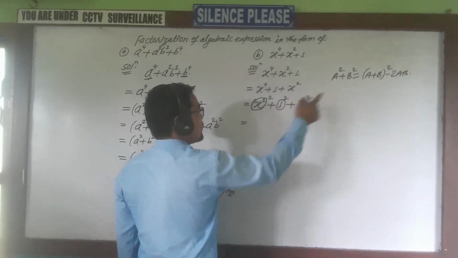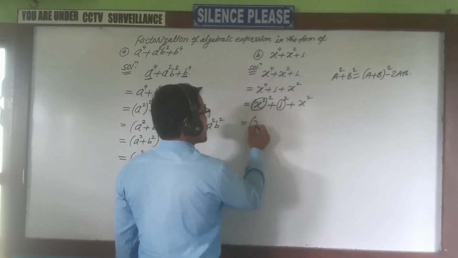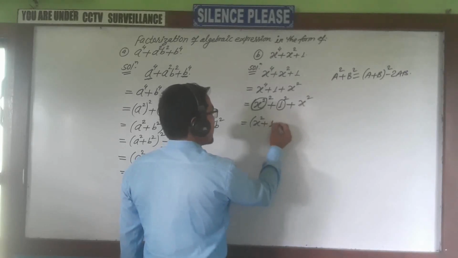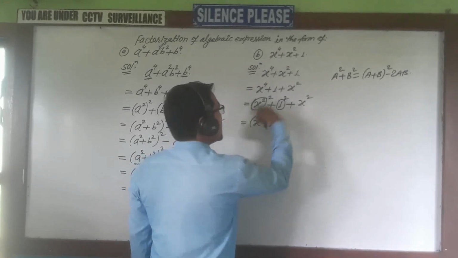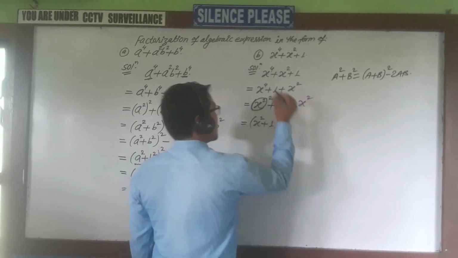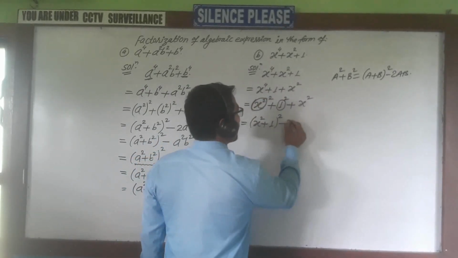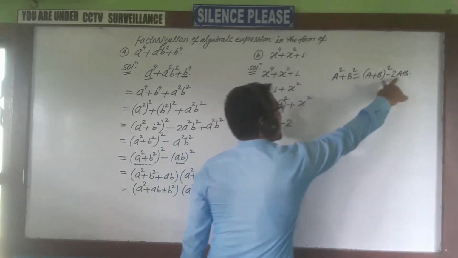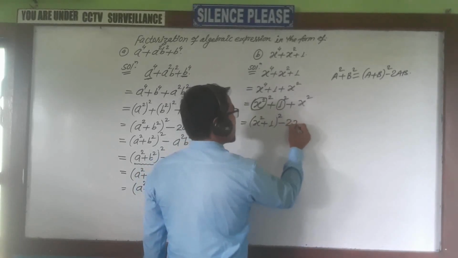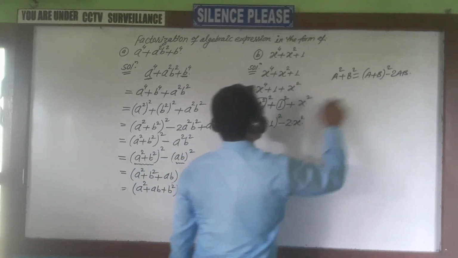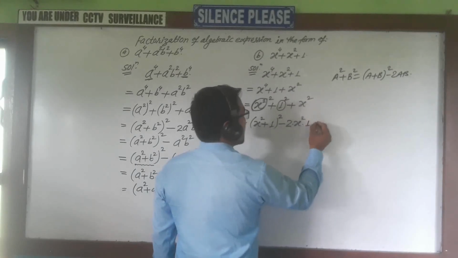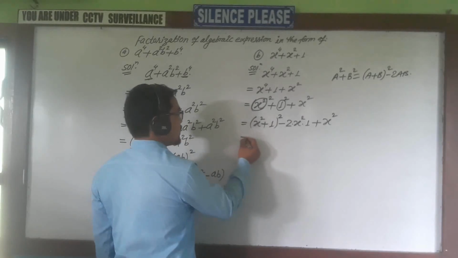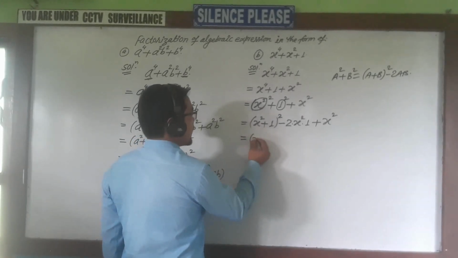So now we can write a plus b whole square: a is x square, plus b is 1, minus 2ab from the formula. a is x square, times b is 1, so we write 2 times x square times 1, plus this x square as it is. This is equal to x square plus 1 whole square.